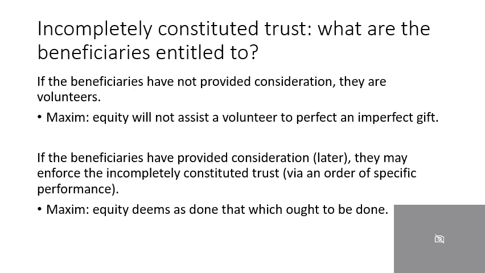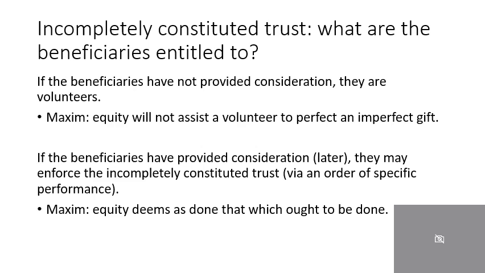The term volunteer is a technical term. A volunteer is someone or anyone who has not provided consideration. And if the beneficiaries have not provided consideration and they're volunteers, then the maxim that the court will apply is that equity will not assist a volunteer to perfect an imperfect gift.